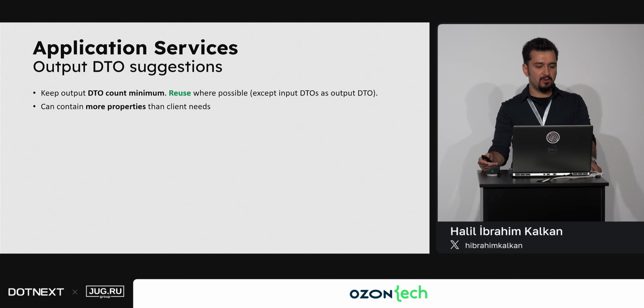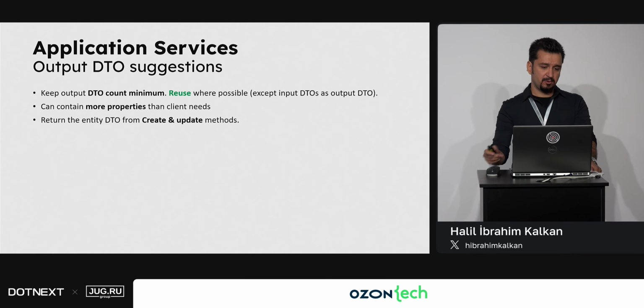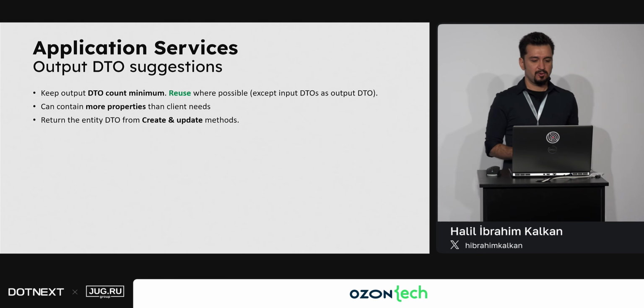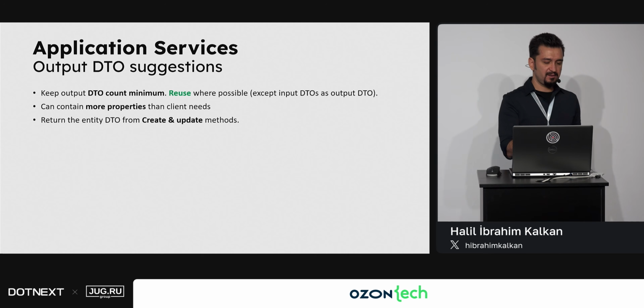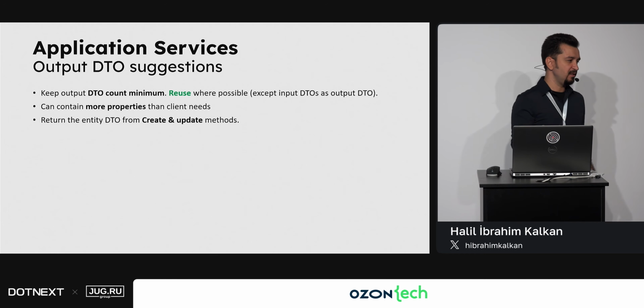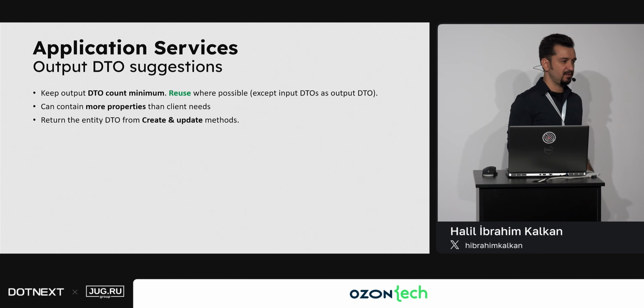Output DTOs can contain more properties than the client needs because we are reusing them, and in some cases a property may not be needed, but in other cases it may be needed. So it's good to return an entity from create and update methods, because when the client creates or updates an entity, it will probably need that entity's latest state.